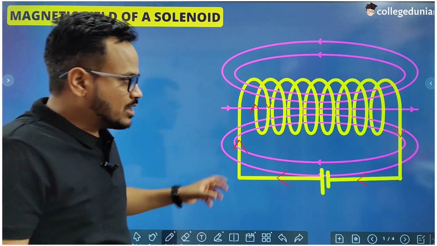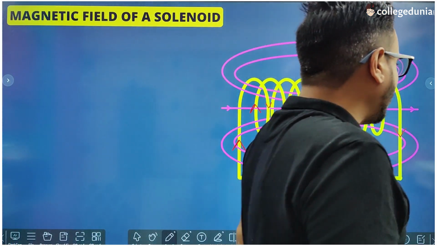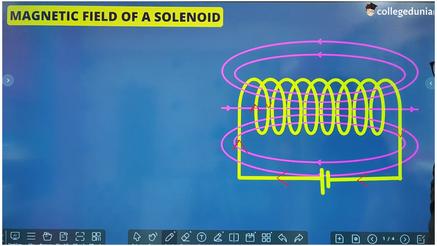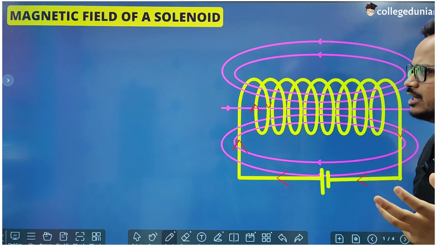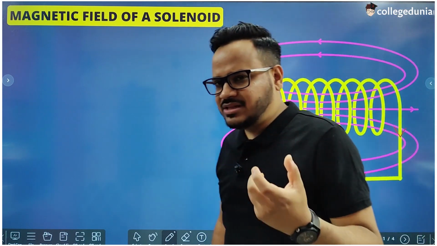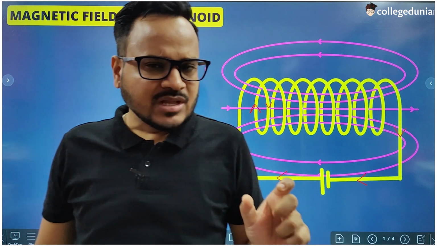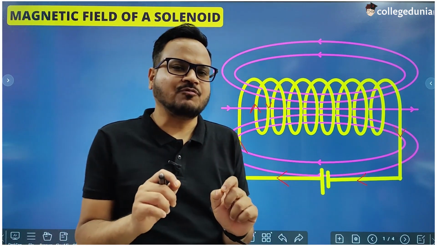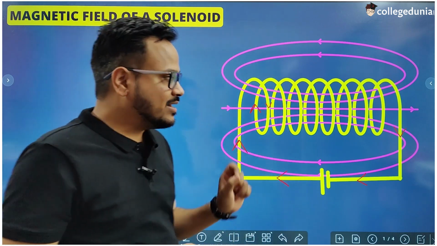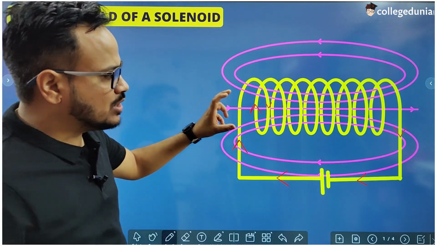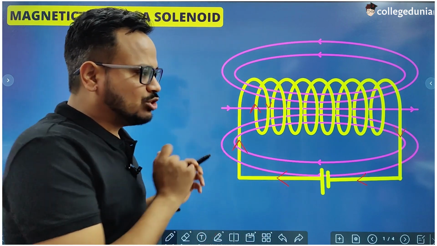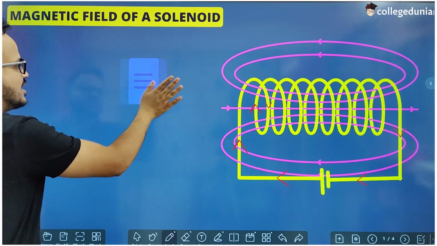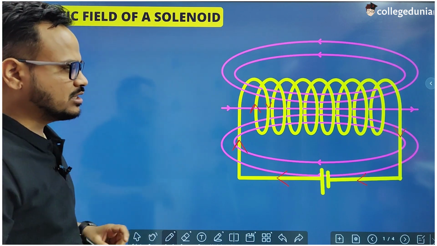Clear? Okay. But practically speaking, a current carrying solenoid is much better than a bar magnet due to some reasons. For example, the magnetic field of a bar magnet is fixed. You cannot change the strength of magnetic field of a bar magnet. But since the magnetic field due to a solenoid depends on the strength of the current, how exactly it depends on the strength of the current, we will derive an expression in some time.